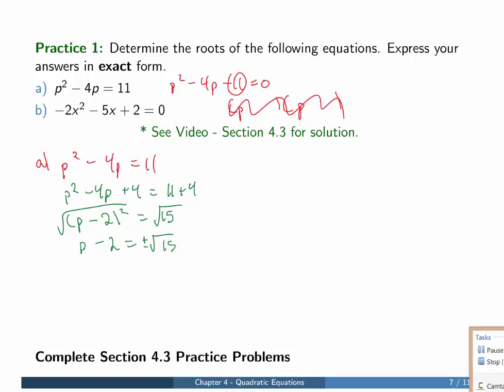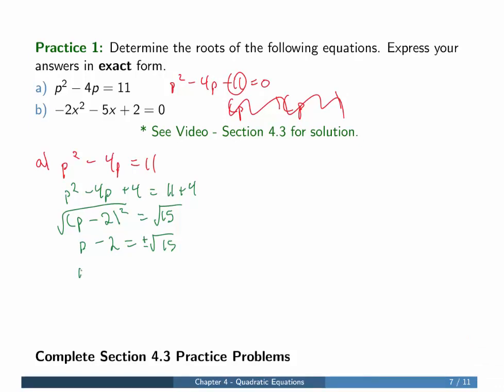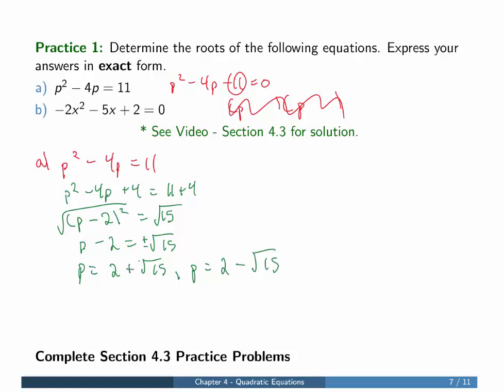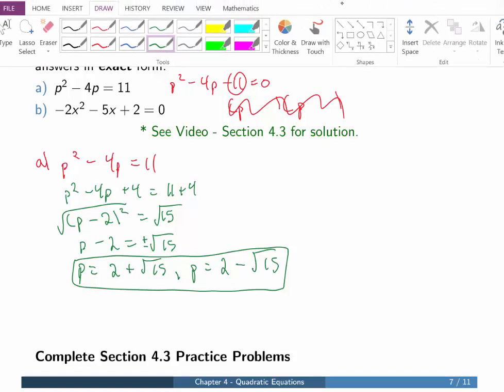Then we just solve for p, giving us 2 plus square root 15, or 2 minus root 15. And this other one here should be a plus. And that is it. Trust me, this is a very nice method when it can be used.